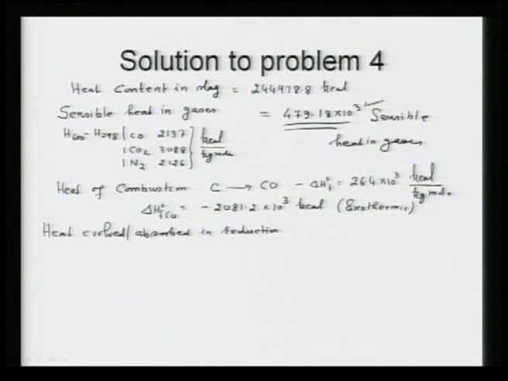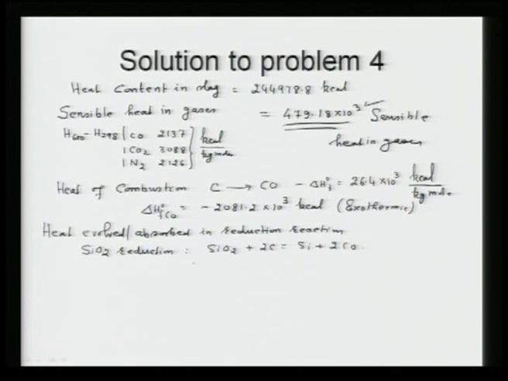In reduction reactions, Fe2O3 is reduced to FeO, FeO to Fe, SiO2 to silicon and so on. So, for example, for SiO2 reduction, we write say SiO2 plus 2C, that is equal to Si plus 2CO.